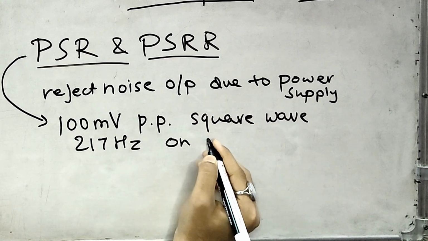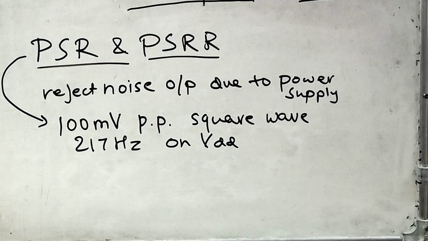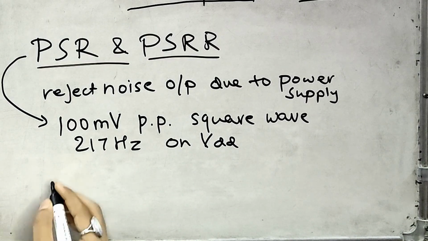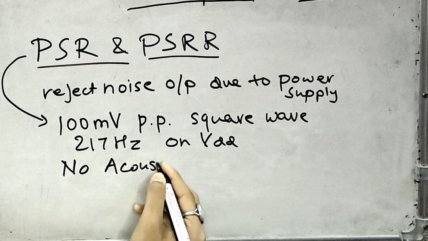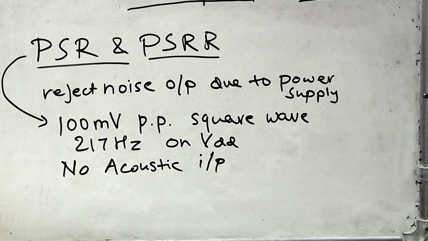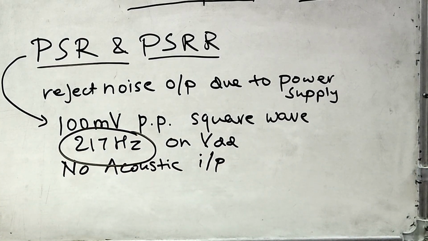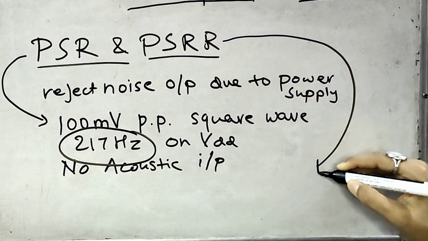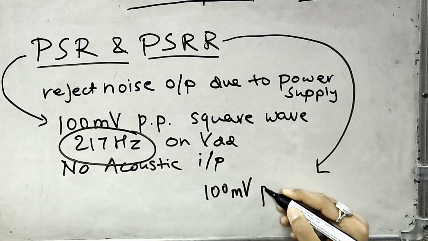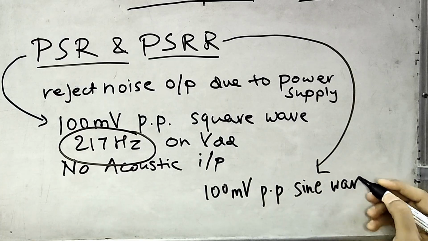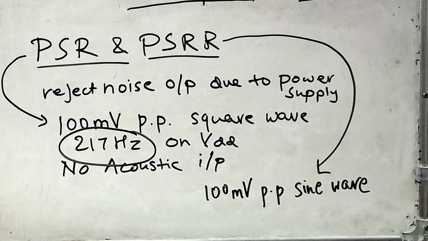There is no acoustic input, so as to observe just the effect of power noise on our digital output. 217 Hz is chosen because it is the frequency commonly found in GSM transmission cycles. PSRR is similar but uses a 100 millivolt sine wave. If the microphone has excellent power supply rejection, the output will match its normal noise floor.